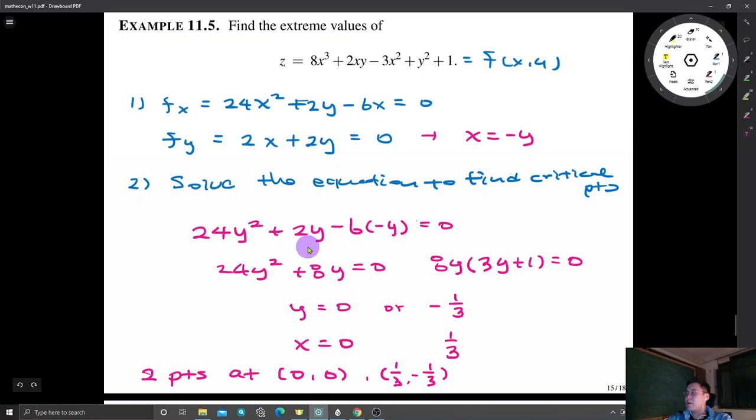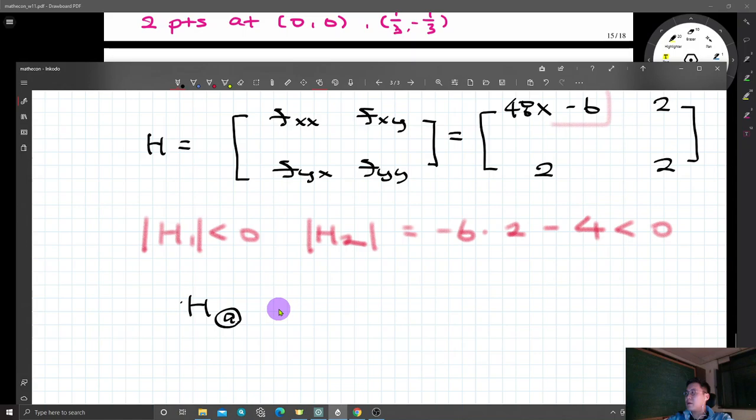Then we can evaluate the Hessian matrix at the second critical point. Then I obtain 38 divided by 3, that is 16. 16 minus 6, that is 10.